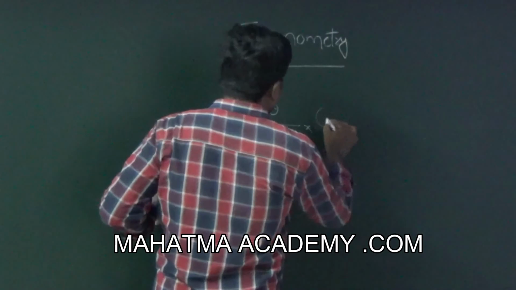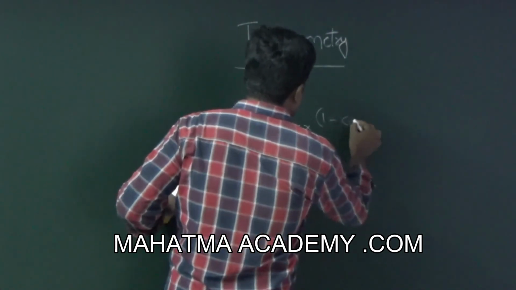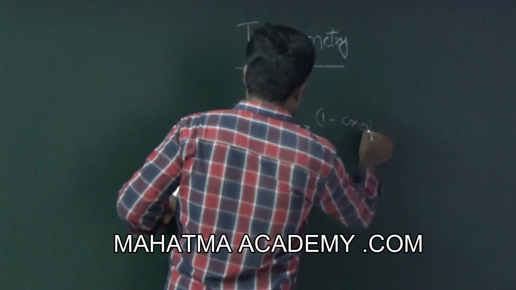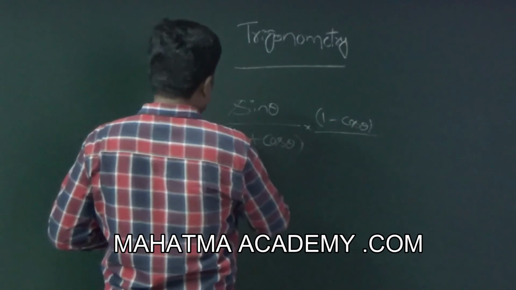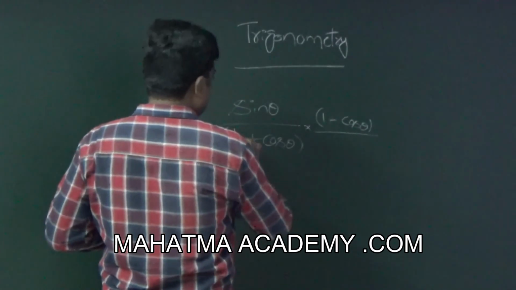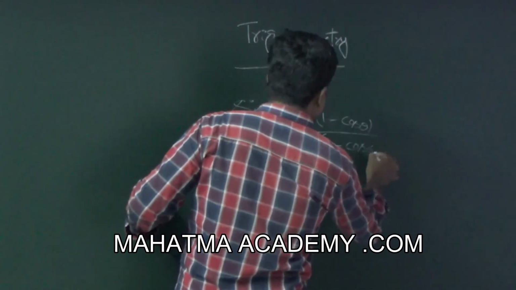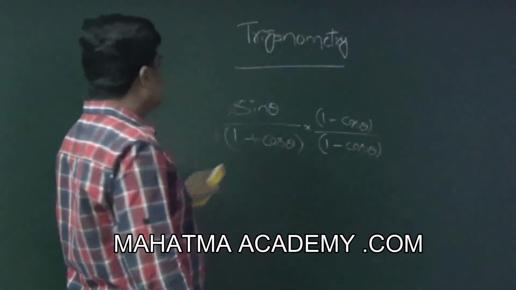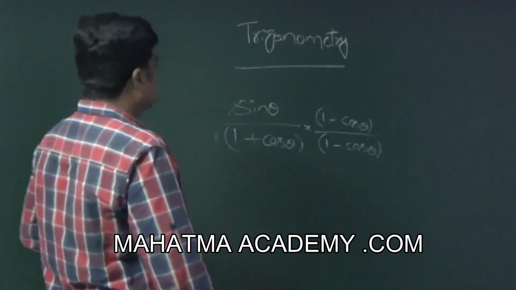Numerator and denominator multiplied with 1 minus cos theta. 1 plus cos theta into 1 minus cos theta equals what?